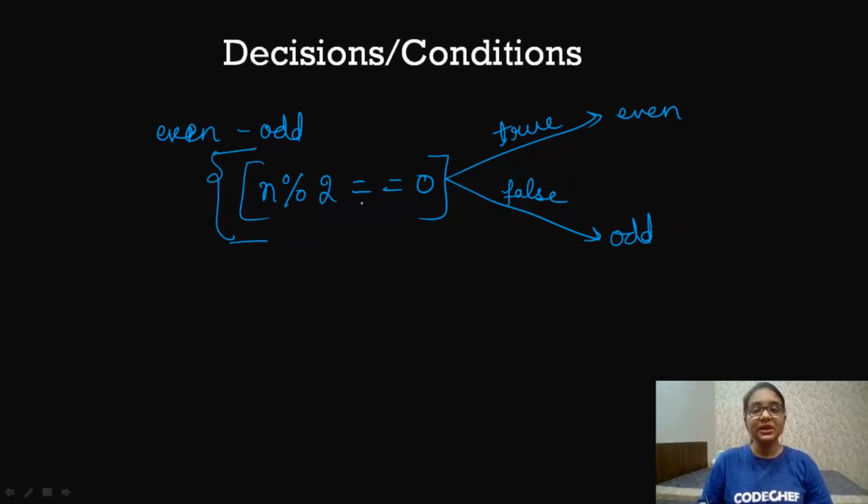Decision making means that if this condition yields true, then a certain set of statements have to be executed in the code. And if this condition is false, meaning the number is odd, then there may be a different set of statements that have to be executed in the program. That is what decision making means when we are coding.